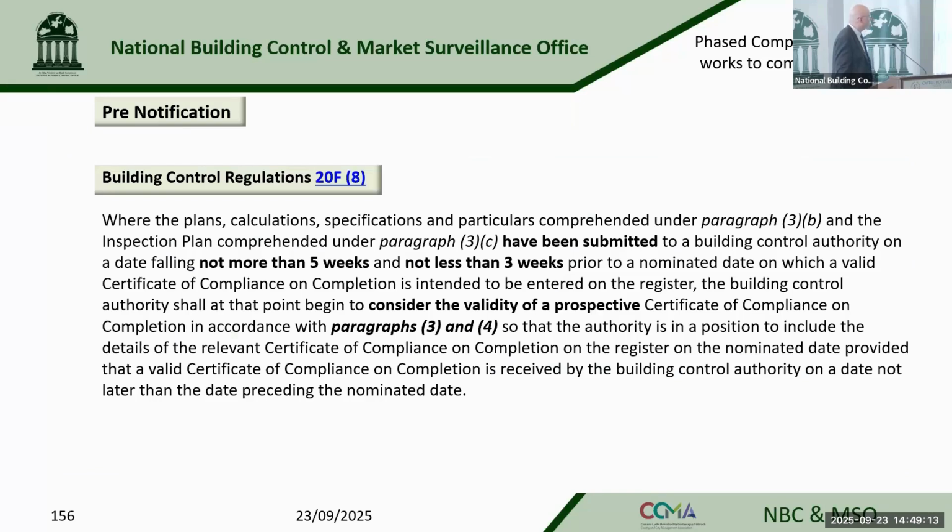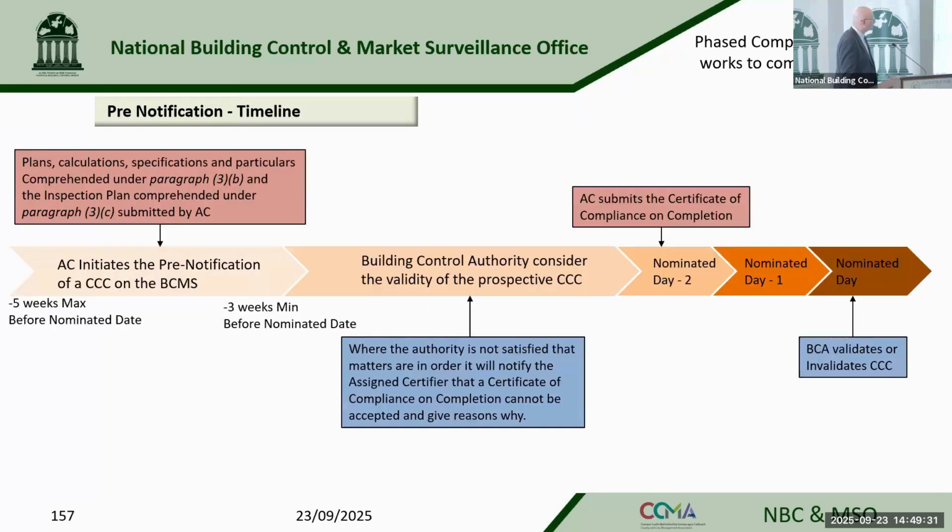Again, I won't dwell on this, that's just to reiterate about the pre-notification, which must be submitted to the Building Control Authority not more than 5 weeks, not less than 3 weeks beforehand. They will consider the validity of the respective CCC in accordance with paragraphs 3 and 4. Again, that's just the timeline.